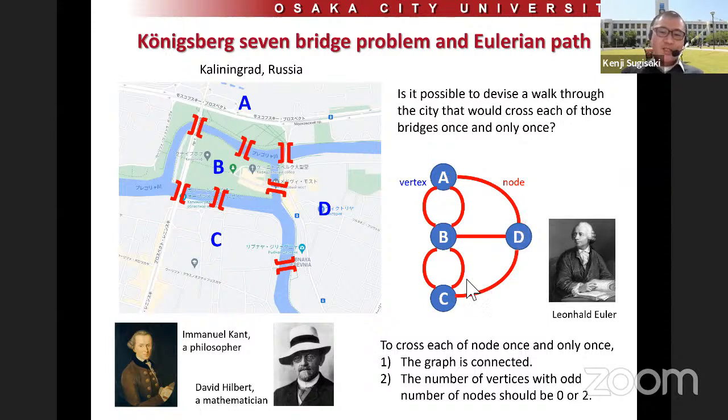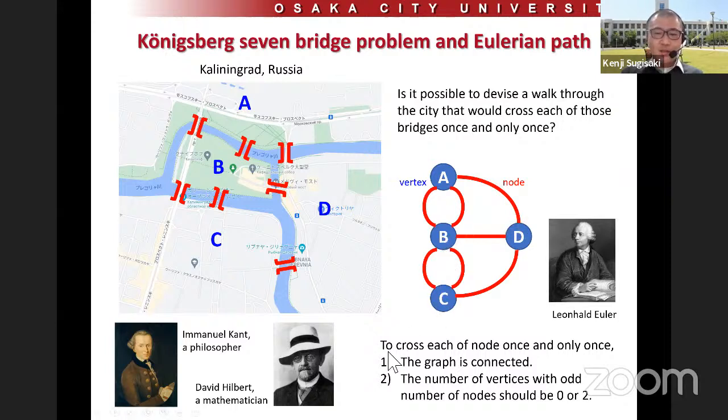So roughly speaking, the problem becomes something like drawing this graph in one stroke. For example, starting from this place and drawing all the edges in one stroke.